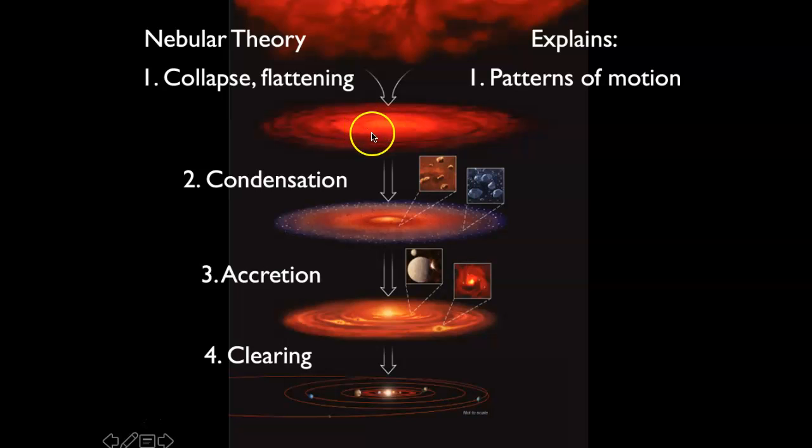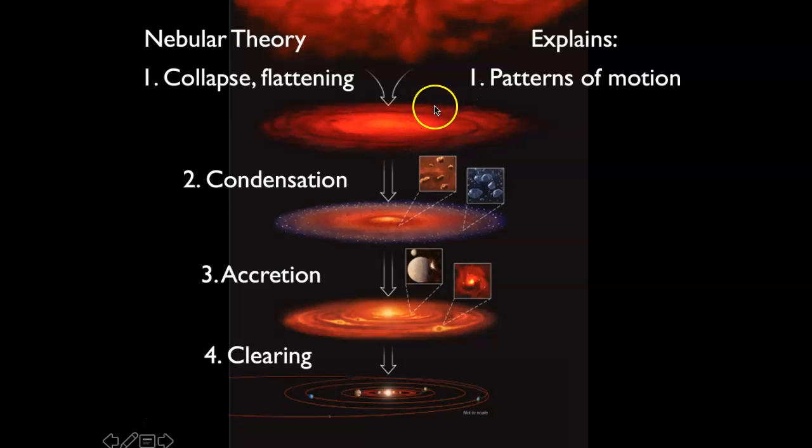Why do all of the planets move counterclockwise? Because that was the angular momentum of the blob, right? The blob started out spinning counterclockwise, and then as that blob of gas collapsed down and spun faster and flattened into a disk, everything just kept on moving counterclockwise. An object in motion tends to stay in motion.